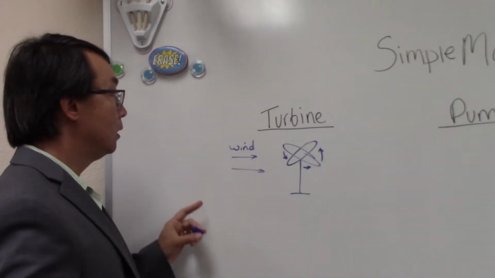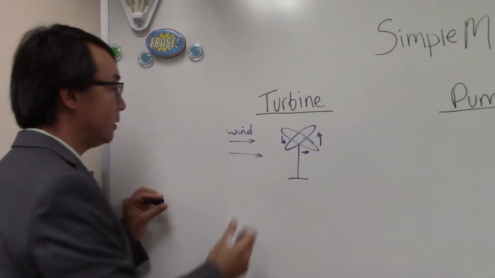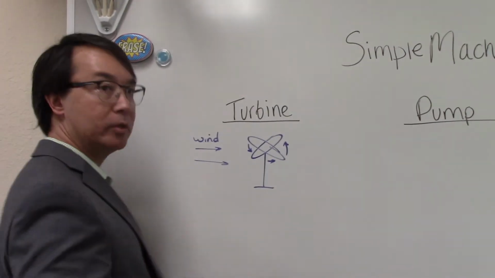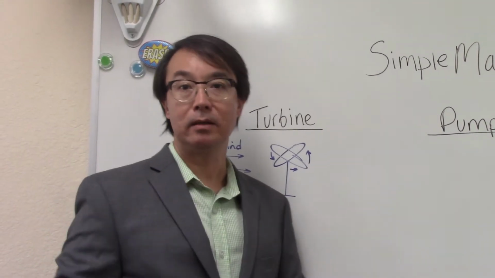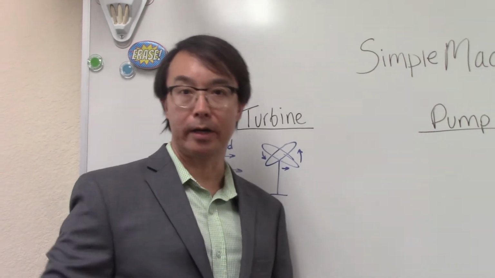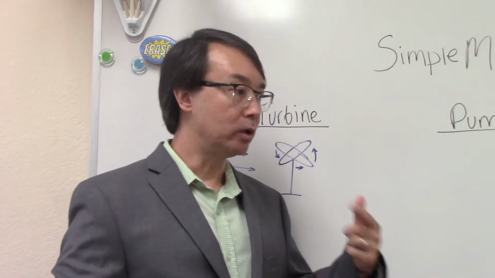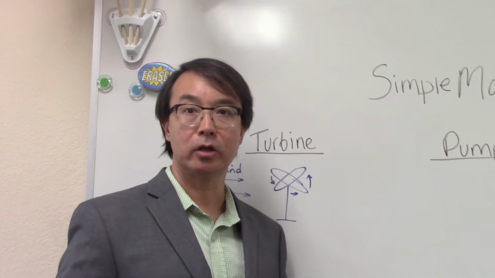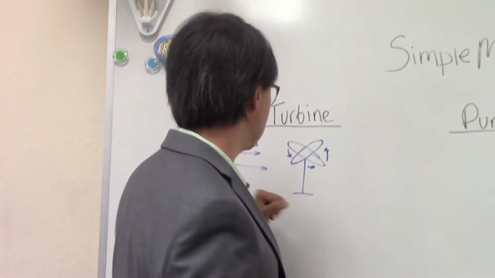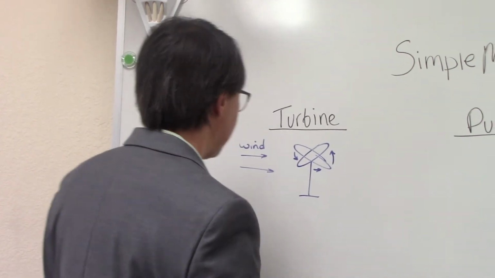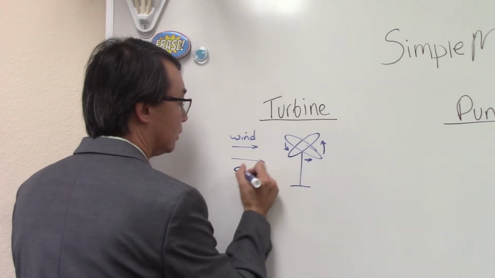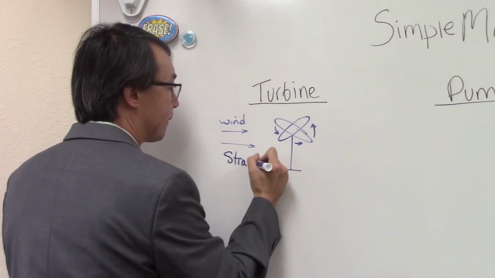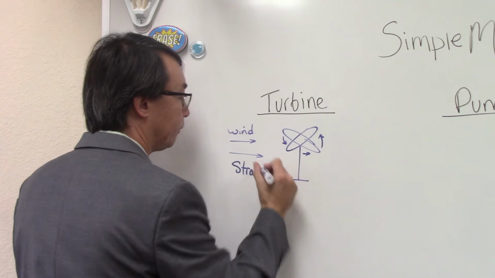Okay? So a turbine, what it does is it changes the direction of an object. It can be the wind. You can use them in water. So you can change the direction of water using a turbine. You can change the direction of wind using a turbine. And it changes it from straight, right?